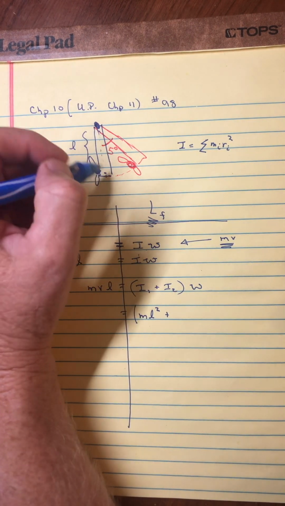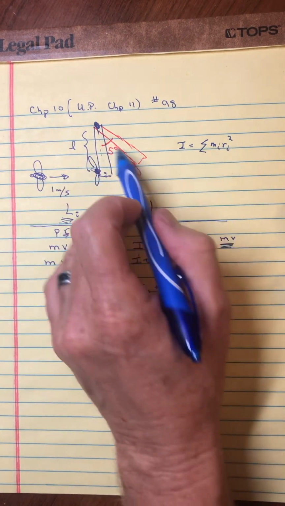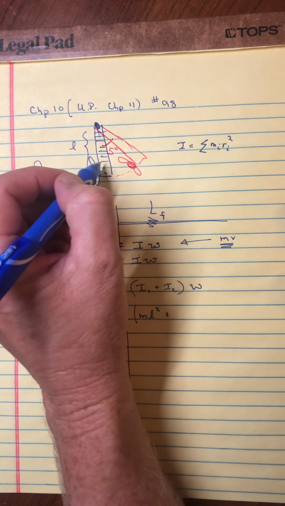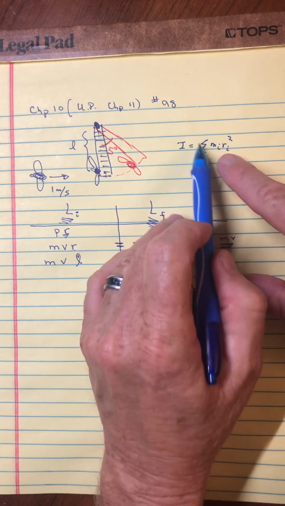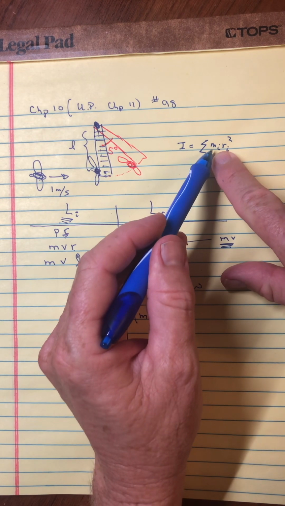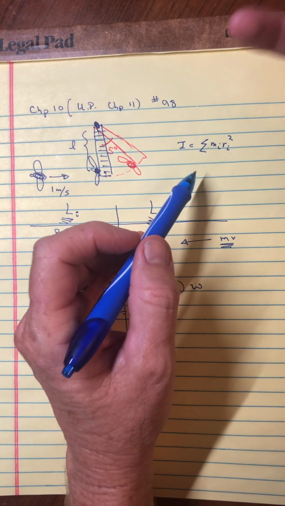Now, the rod is a much harder one to calculate because each little section of the rod, if you imagine chopping this rod into, say, 10 pieces, you would then have to say that the mass of each little piece is 1/10 of the whole mass of the rod, but each little piece is a bigger distance away.